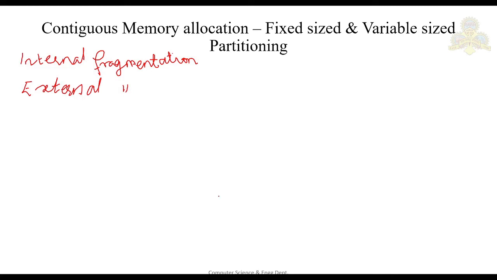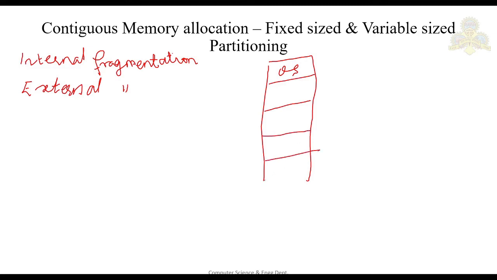Say you have 4 processes in the main memory, and suppose there are 4 partitions. P1 is kept here, and this partition size is 5 MB, this is 10 MB, this is 15 MB, and this is 3 MB.